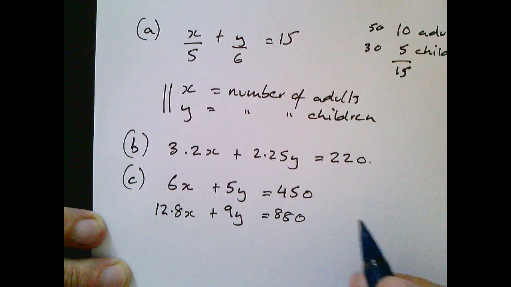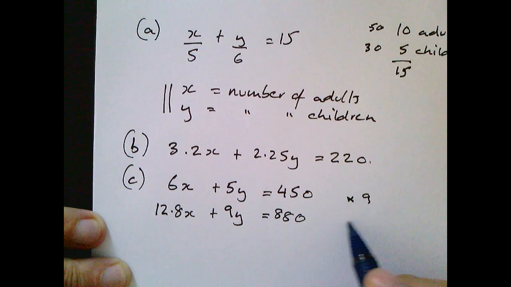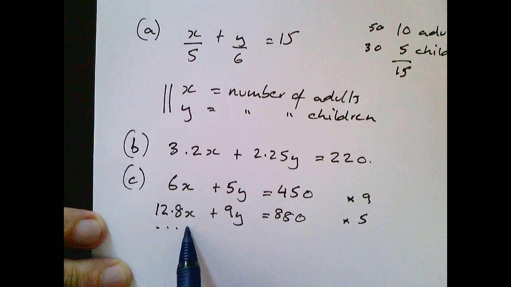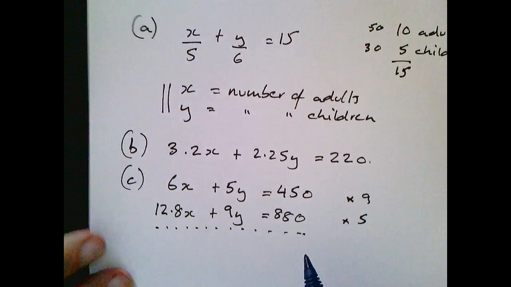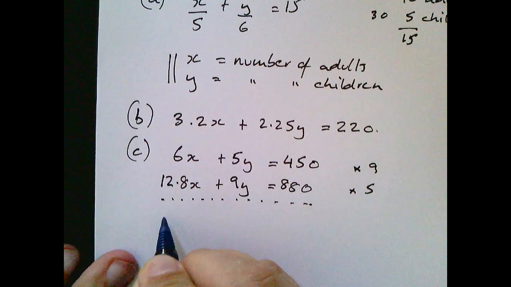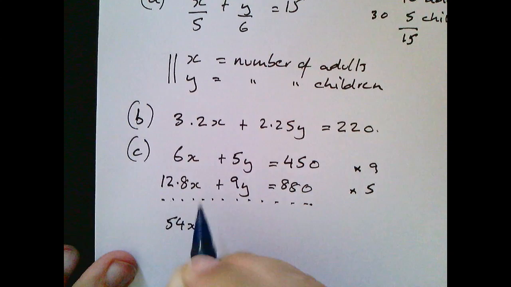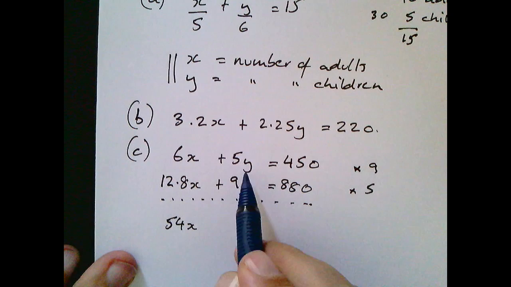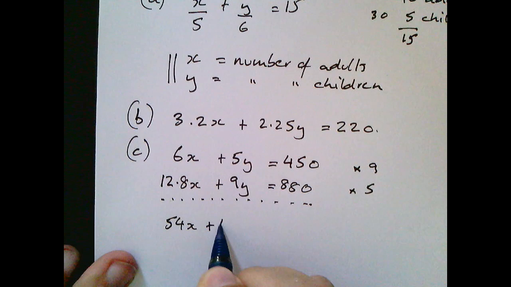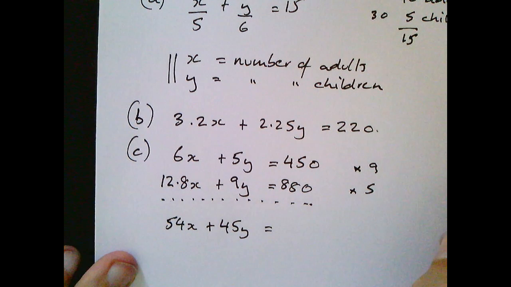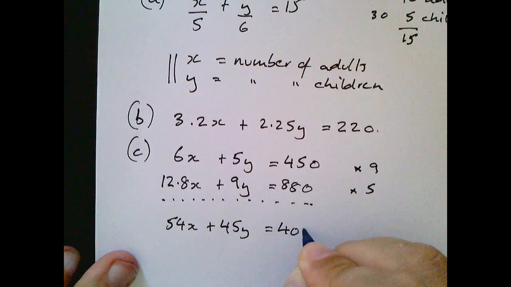So I'm going to times the top one by 9 and the bottom one by 5, which gives us another set. 9 times 6x is 54x, 9 times 5y is 45y, and 9 times 450 is 4050.